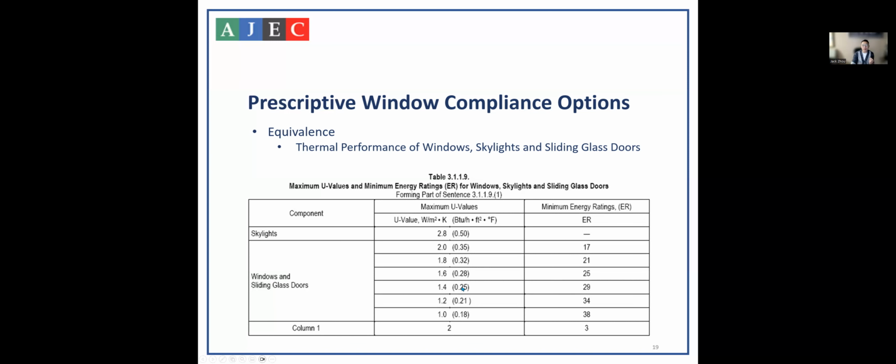So instead of using 1.4 windows, because my window to wall ratio is at, let's say, 23%, instead of using a 1.4 window for the house, because I have installed a very efficient mechanical system to reduce my energy consumption, I'm also allowed to downgrade my building envelope as much as 25%.